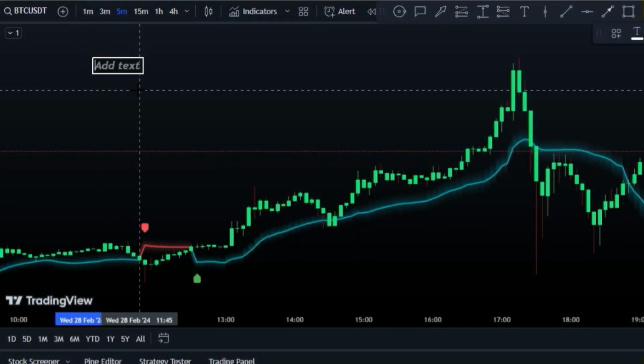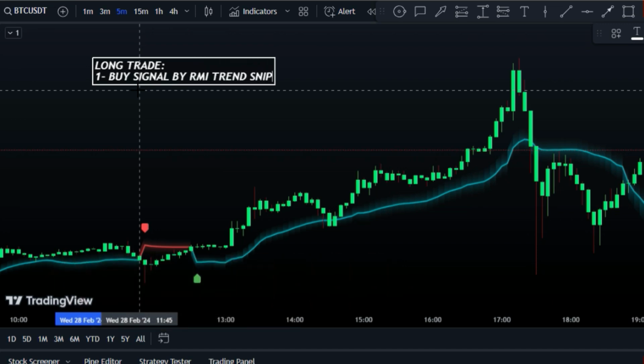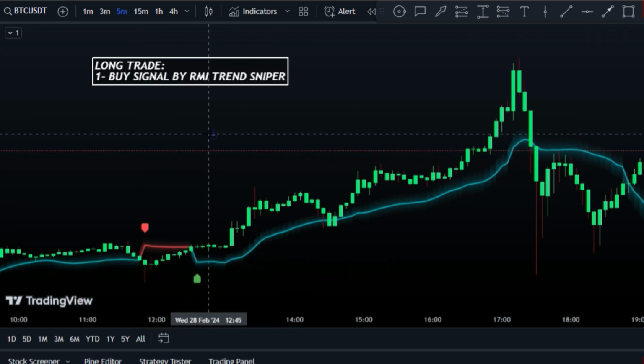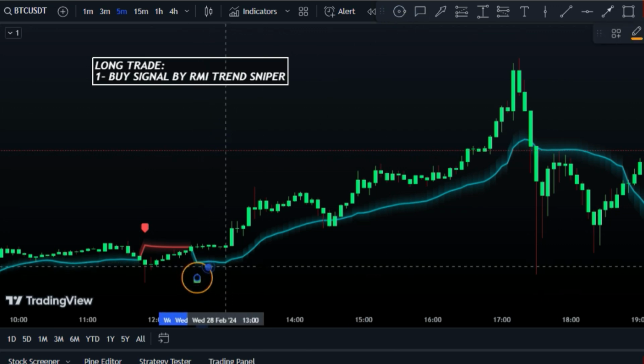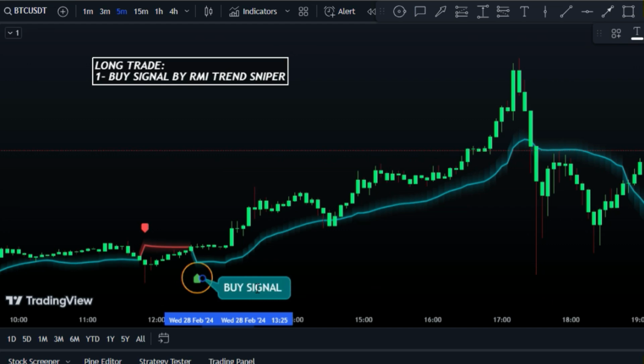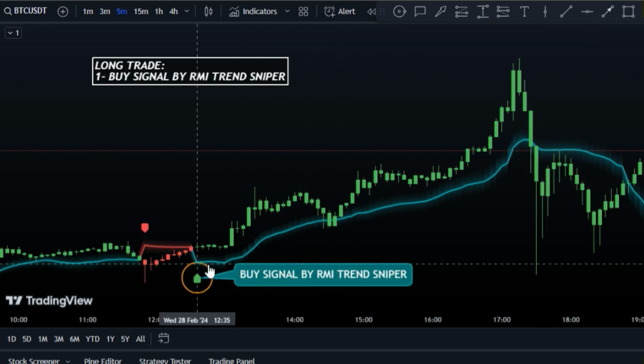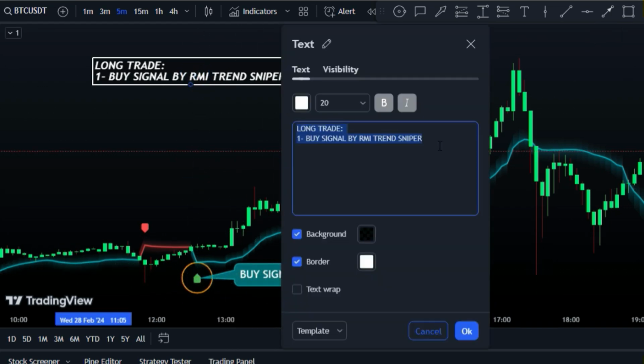When considering a buy trade, the first step is to wait for a buy signal from the RMI trend indicator on the chart. Next, we'll turn our attention to the RSI histogram.